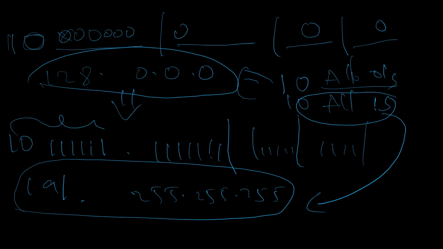So let us do it for class C also. I hope you will be able to do this. In class C, as I said, the first three bits are 110, and there are 5 more bits available for us. If you consider all as zeros, 1 2 3 4 5, and convert this into binary, this one stands for 128, this stands for 64.